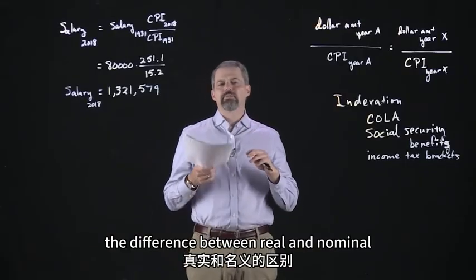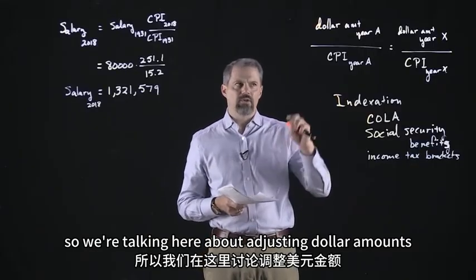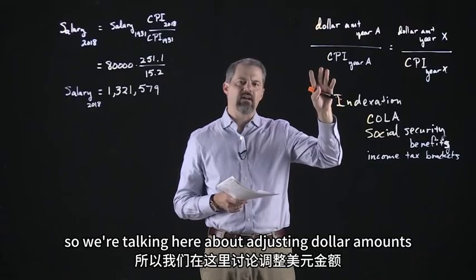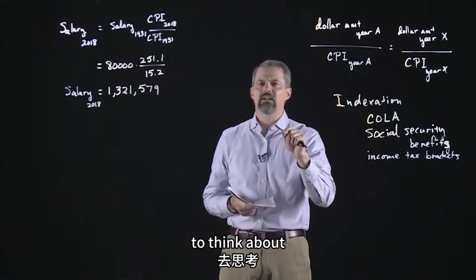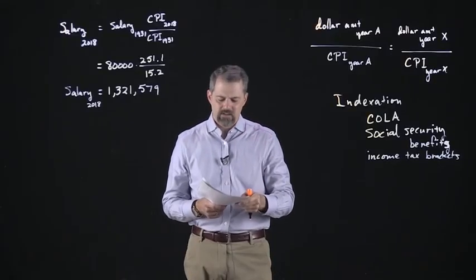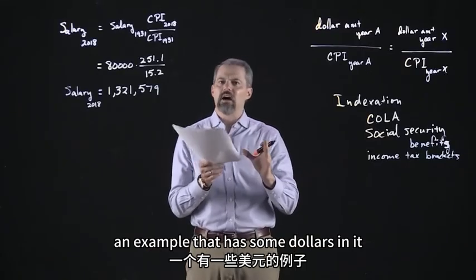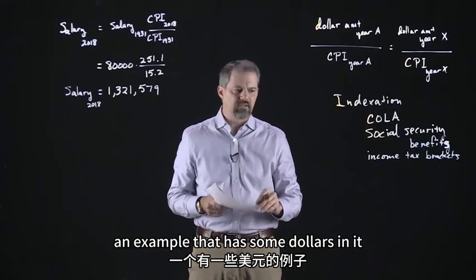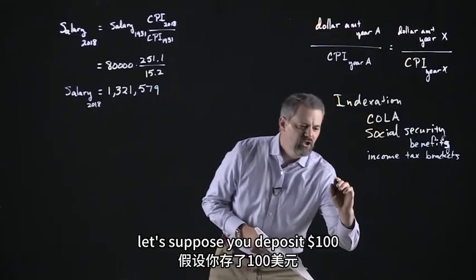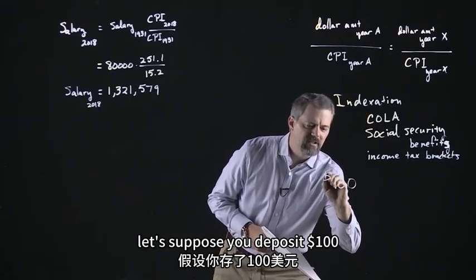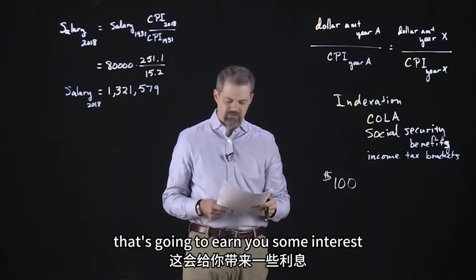Let's talk about the difference between real and nominal interest rates. We're talking here about adjusting dollar amounts to correct for inflation. This is really important to think about if you're talking about an interest rate. So let's think about an example that has some dollars in it, just so I can illustrate why this is important. Let's suppose you deposit $100 into a bank account that's going to earn you some interest.